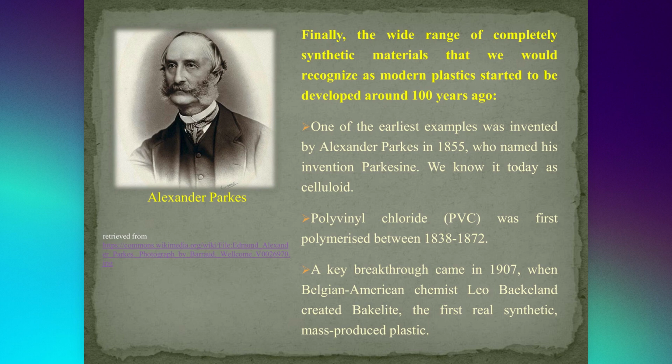Polyvinyl chloride (PVC) was first polymerized between 1838 and 1872. A key breakthrough came in 1907 when Belgian-American chemist Leo Baekeland created Bakelite, the first real synthetic mass-produced plastic.